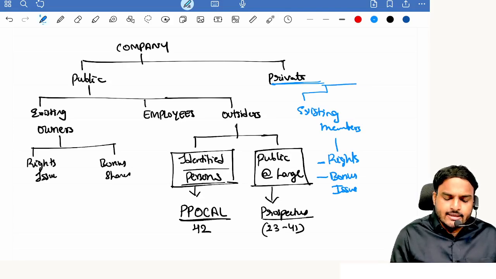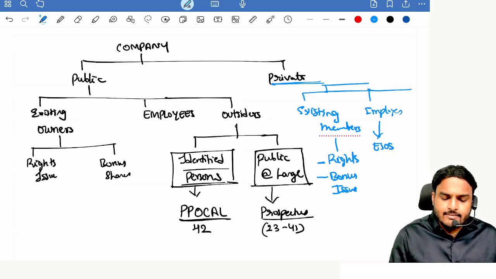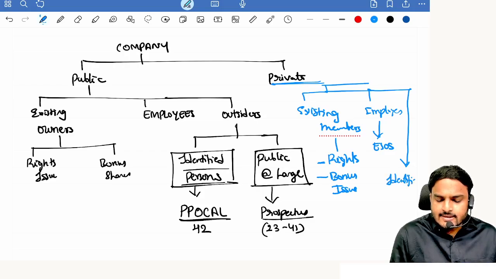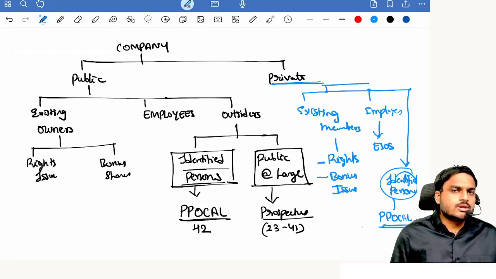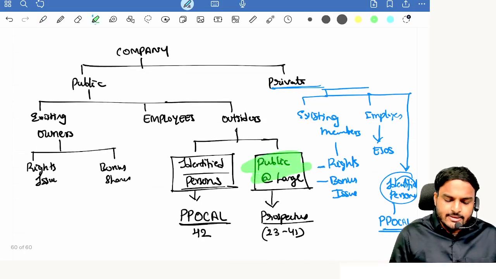Next, a private company can also go to employees under an employee stock option scheme. And a private company can also issue shares to identified persons, using a document called a private placement offer cum application letter. Understood? So only this element is missing. And the reason why this element is missing, you all know.